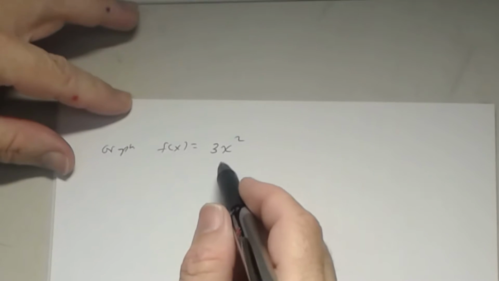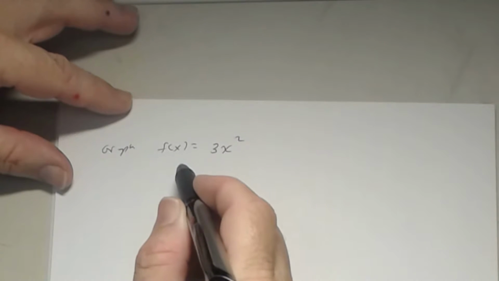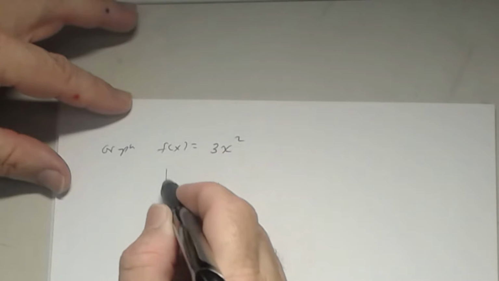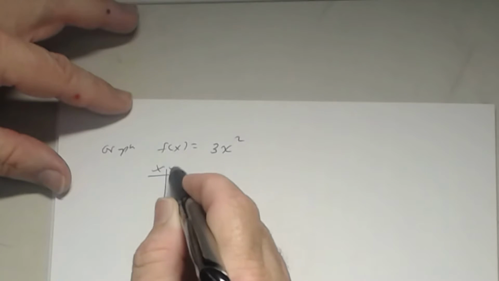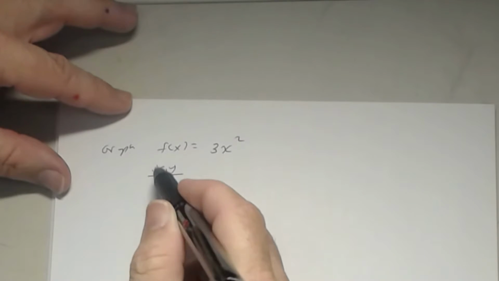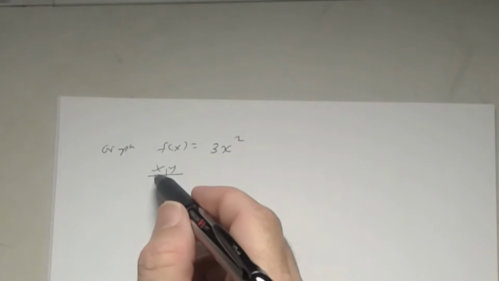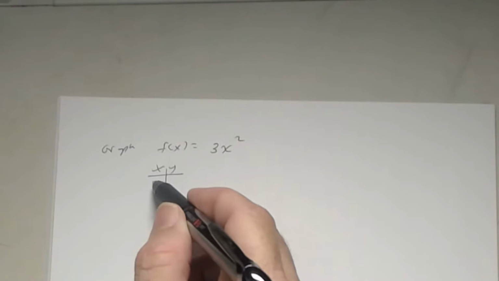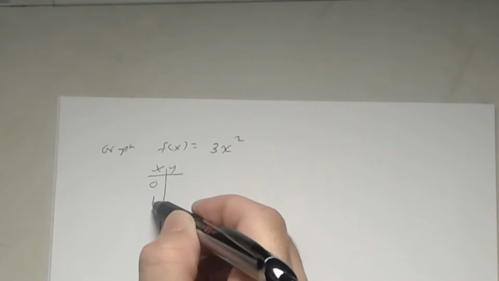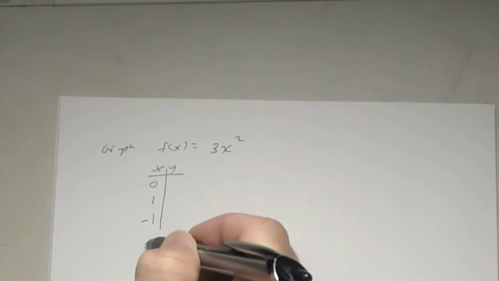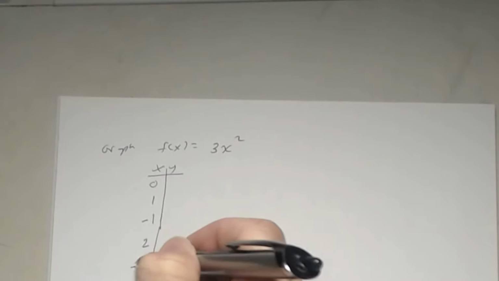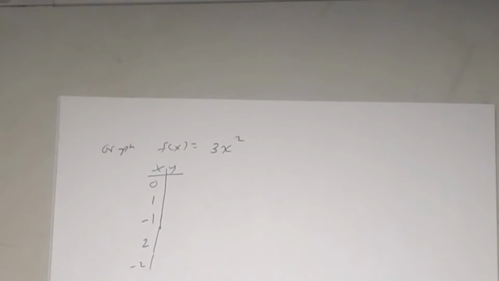I'm going to do this using a t-table. And I'm going to use the same x coordinates as I did for x squared. So what x coordinates did I use for x? 0, 1, -1, and what? 2 and -2. That's what I used. You can do the same thing.